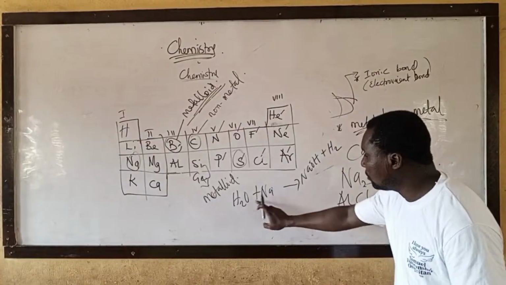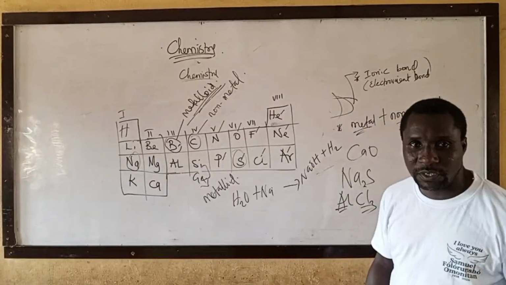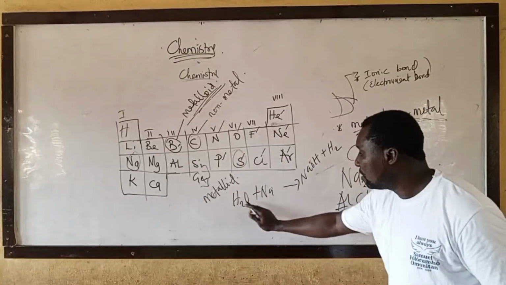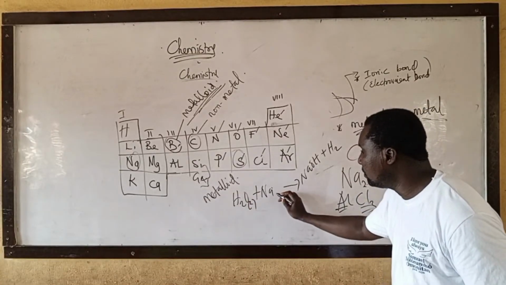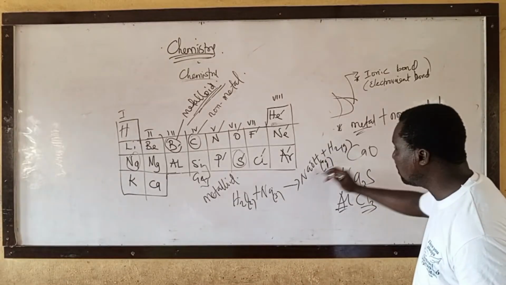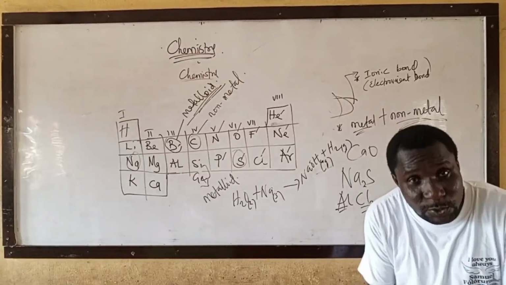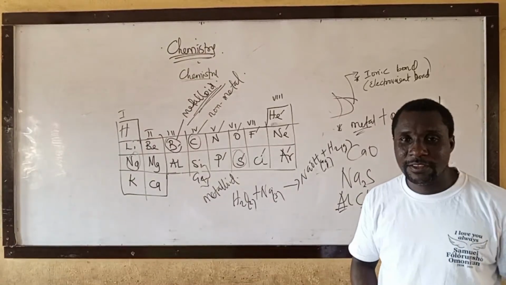You can't write the state of matter of the compound. Why? Because you don't know chemistry. Look. This is liquid water. This is solid. This is aqueous. This is a gas. Then balance the equation.